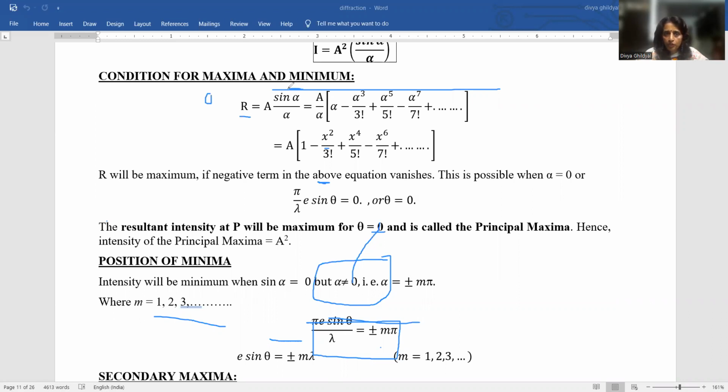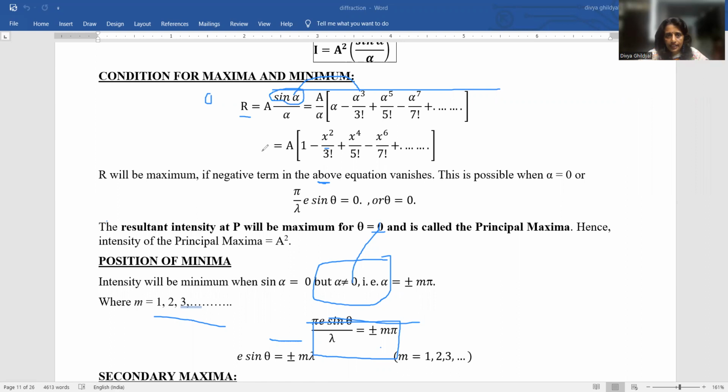We know from trigonometry and mathematics that the series of sine is 1 minus x cubed by 3 factorial plus x to the power of 5 by 5 factorial minus x to the power of 7 by 7 factorial. So we will use this formula of sine alpha here, and the alpha here and the alpha up are common.